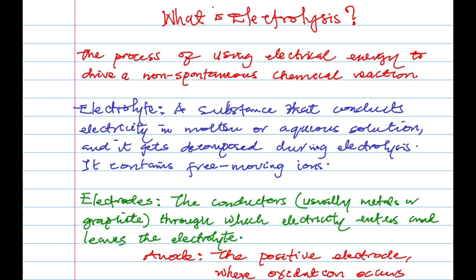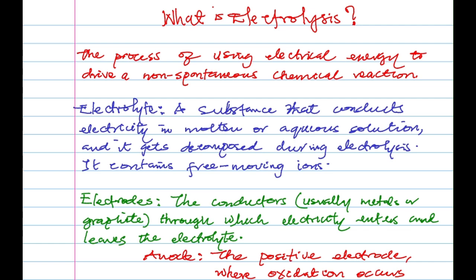So the ions are the charge carriers in electrolysis, when these ions are free to move, either in a molten state or in a dissolved solvent like water. What I mean by this is that solid sodium chloride cannot conduct electricity because the ions, that is the sodium ions and chloride ions, are not free to move.